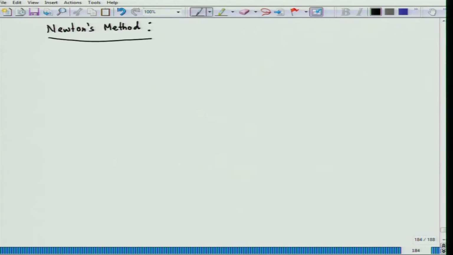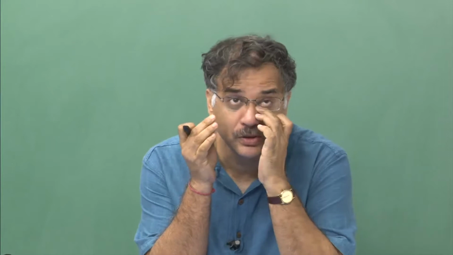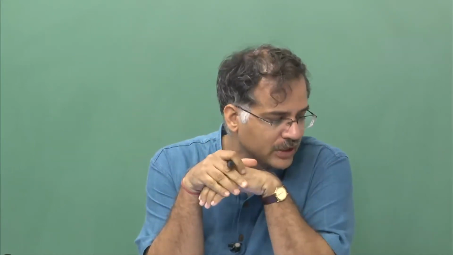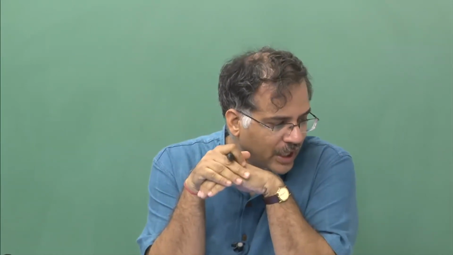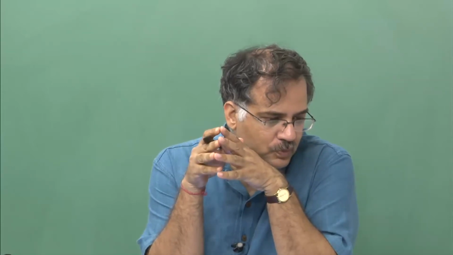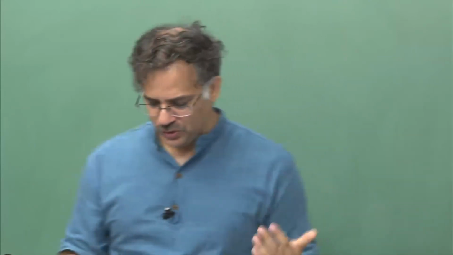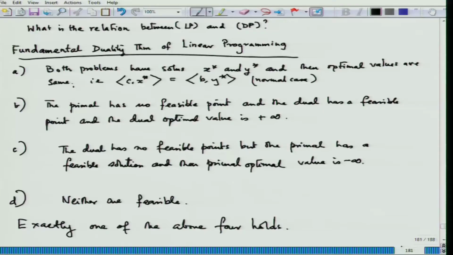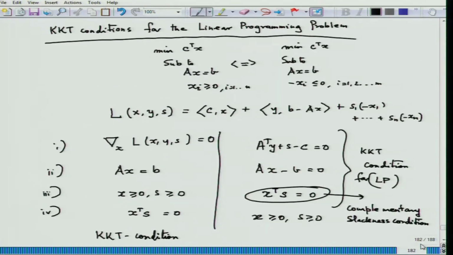Instead of getting into the details of Newton's method today, because it will take quite a bit of time to explain, I will speak about Newton's method tomorrow. But today I would like you to have a look at it and think of how one solves this problem and how one gets this KKT condition. Is there some other way you can think of proving this?